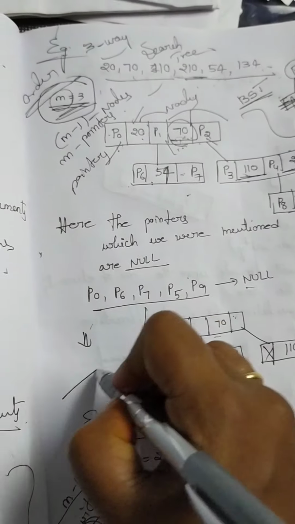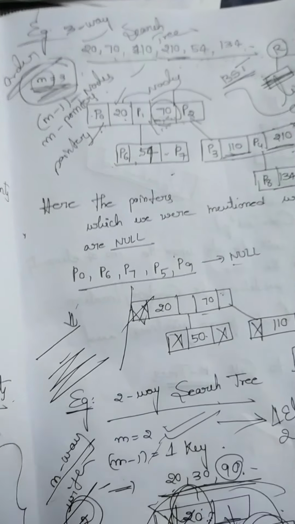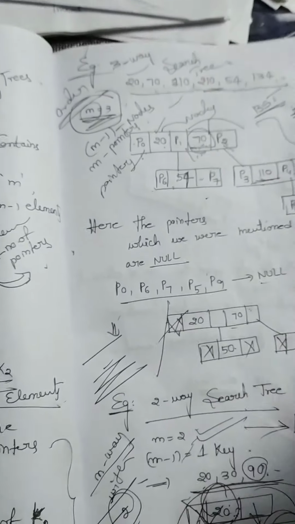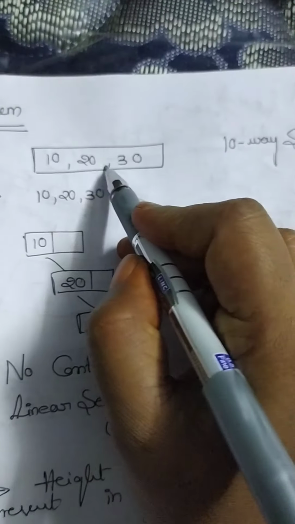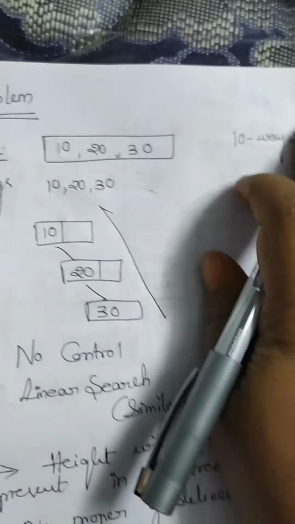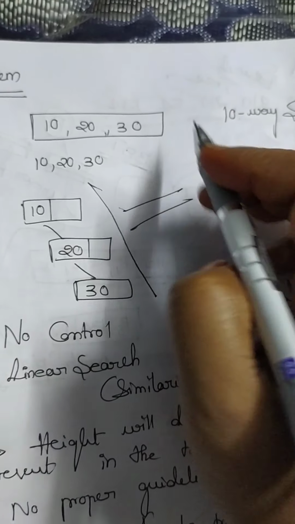But what are the problems related to M-way search trees? For example, if we take 10, 20, 30, there is no control.